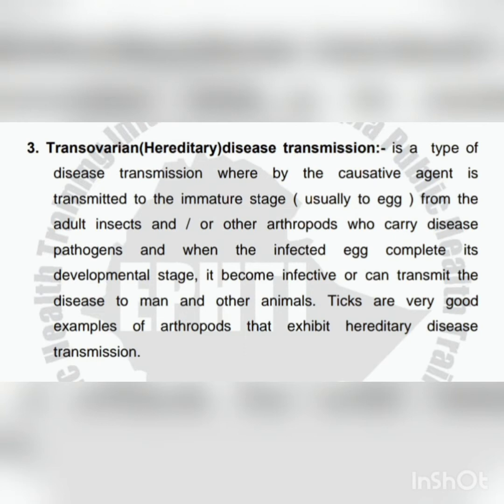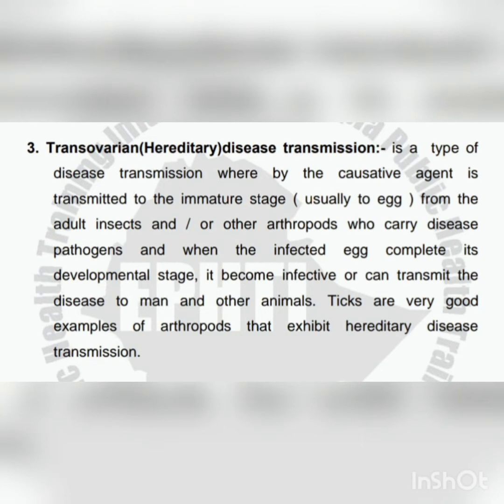And then next is hereditary disease transmission, otherwise called transovarian. Here the causative agent is transmitted to the immature stage, that is the egg.